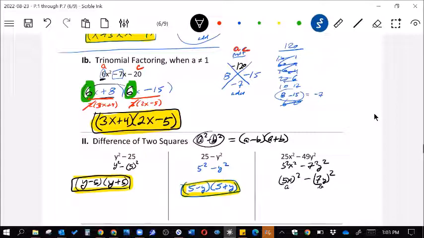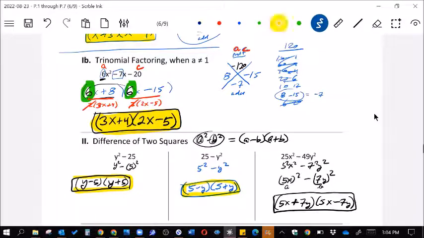That allows you then to do the same thing as the others. We're going to do 5x, this time put the plus first, because it doesn't matter whether it's plus or minus first, 7y and 5x minus 7y. And so it's really no more complicated than the others.